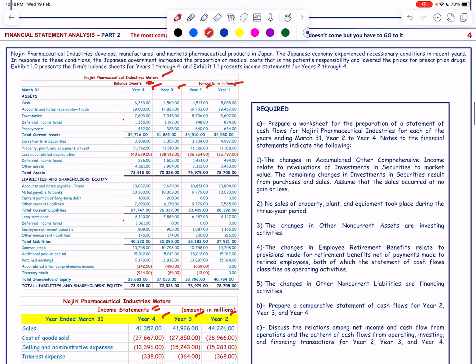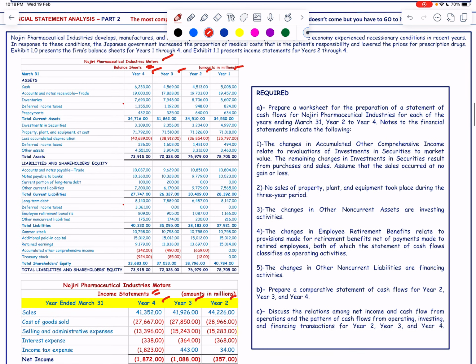We are required to prepare a worksheet for the preparation of a statement of cash flow for Nojiri Pharmaceuticals Industries for each of the years ending March 31st, year 2 to year 4. So we have to make it for year number 2, 3, and 4. Notes to the financial statements indicate the following.